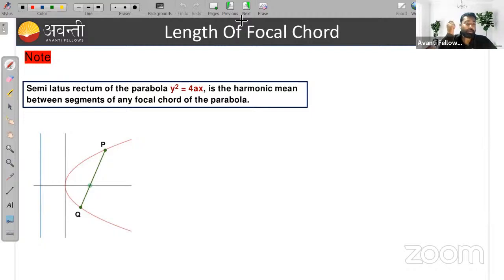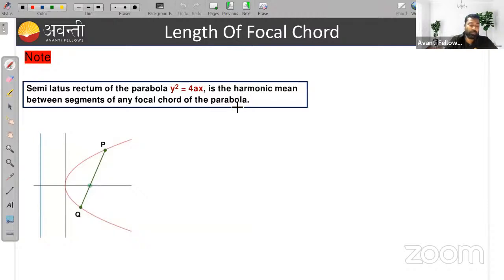Also, there is a note. The semi-latus rectum of the parabola y square is equal to 4ax is the harmonic mean between the segments of any focal chord.